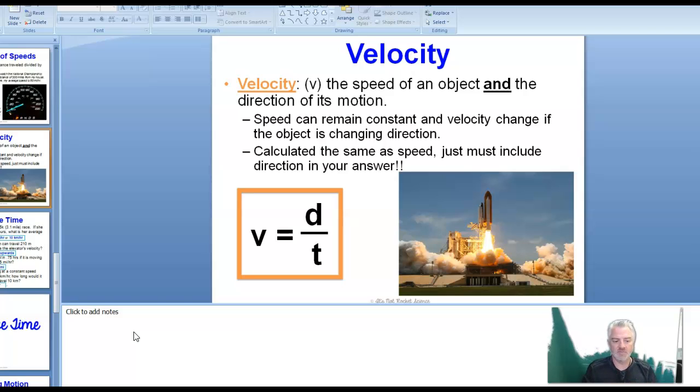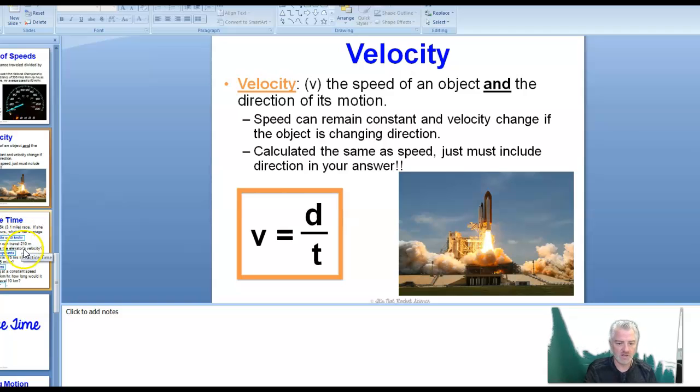Okay. Now we calculate velocity the same way we do speed, so it's the same formula. Instead of speed equals distance divided by time, we can say velocity is distance divided by time. You just always want to make sure that you use the correct units and to include the direction in your answer.